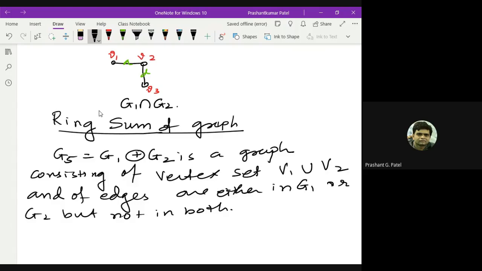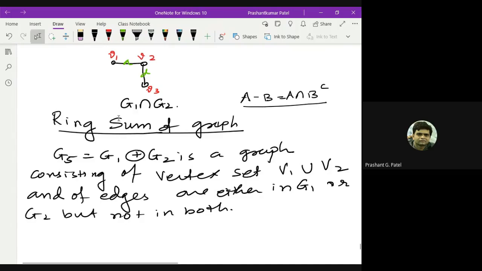This type of operation you are doing in set theory, like A minus B. So what you are saying is A intersection B complement. So it is all the things which are in A but not in B. Likewise, here the vertex set is a union.